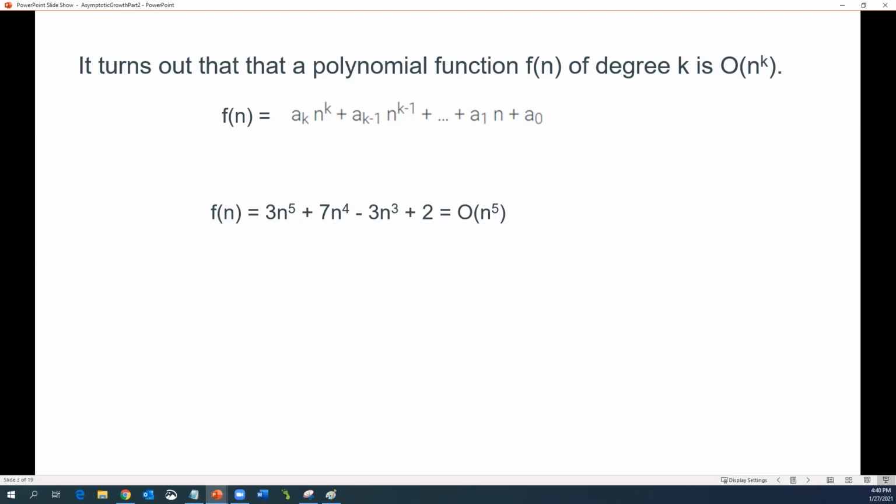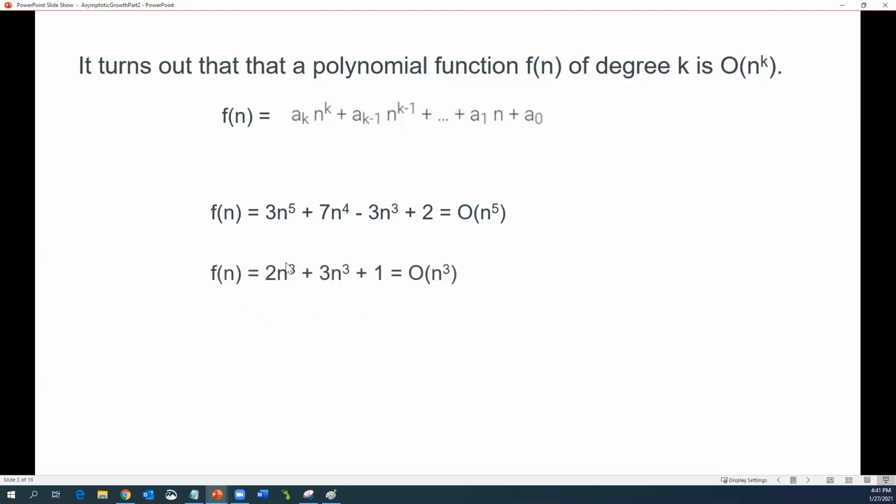But all we need to do when we have a polynomial is say it's O of whatever the highest power is. So we ignore all the others and ignore what's in front, and say it's O of n to the fifth. And what does that mean again? That we can find a constant multiple of n to the fifth that would always be above f of n, at least past a certain n.